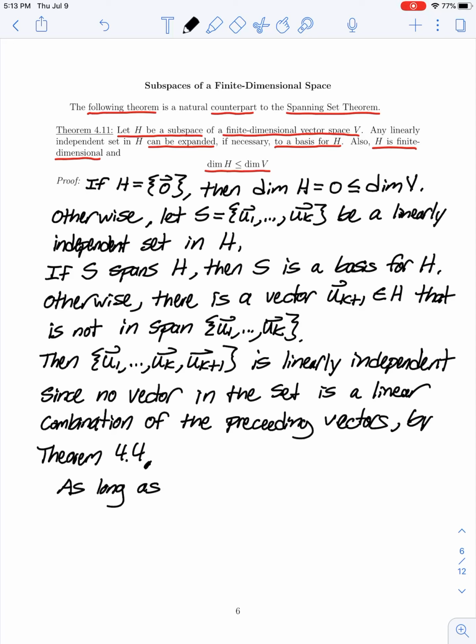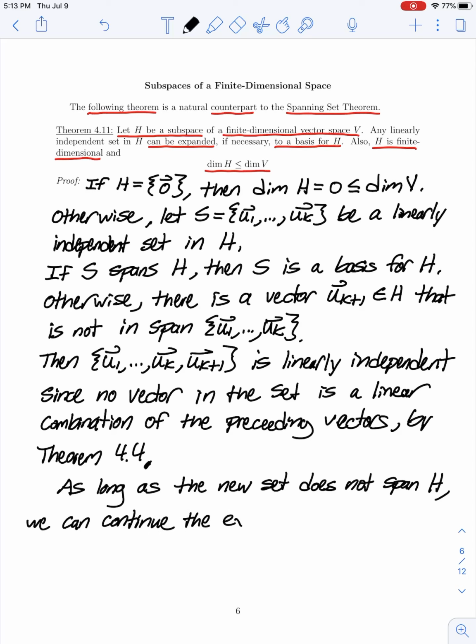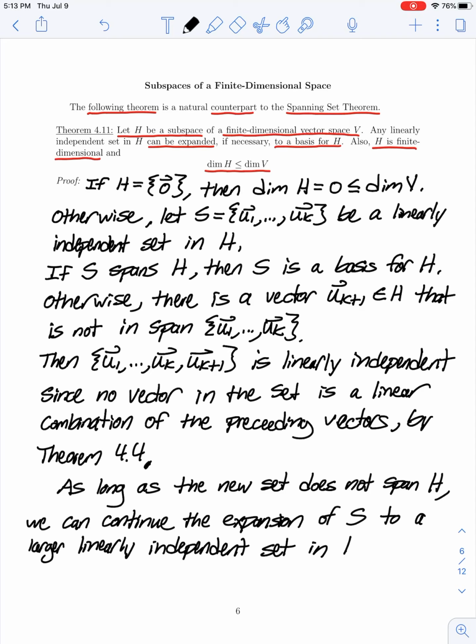So as long as the new set does not span our subspace H, we can continue the expansion of our set S to a larger linearly independent set in our subspace H.